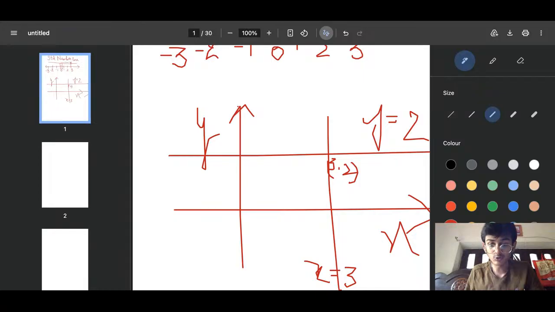The line y equals 2, when you draw it, is of slope 0, and the line x equals 3 is of infinite slope. It is steeper. So how are you defining 3 comma 2? You are defining it as the point of intersection of the line x equals 3 and the line y equals 2.